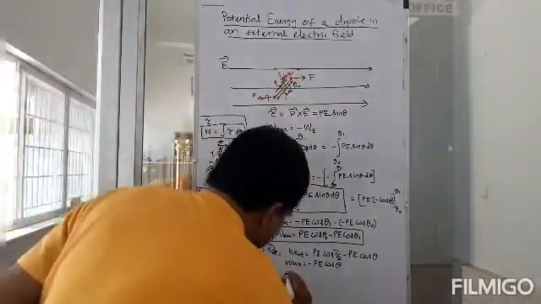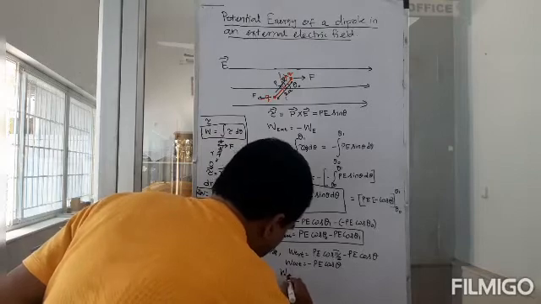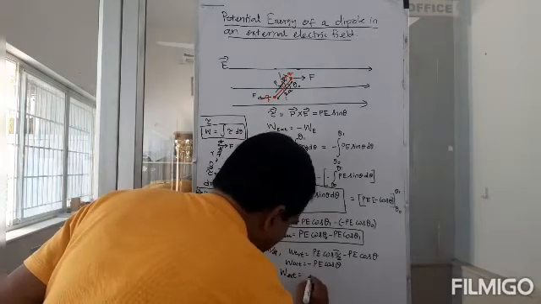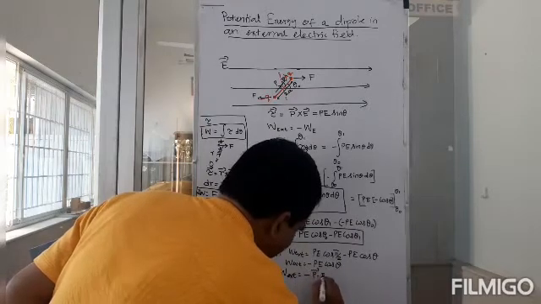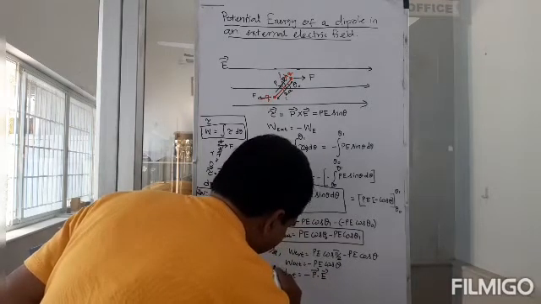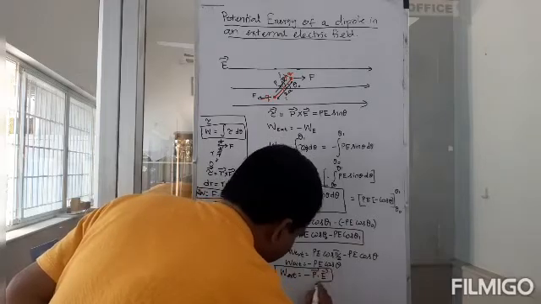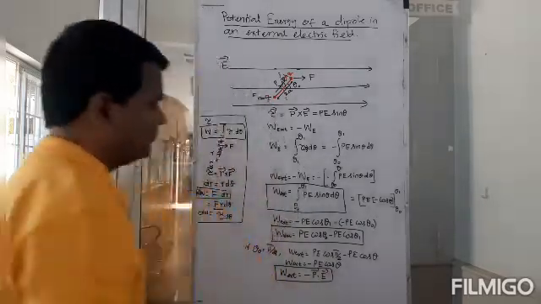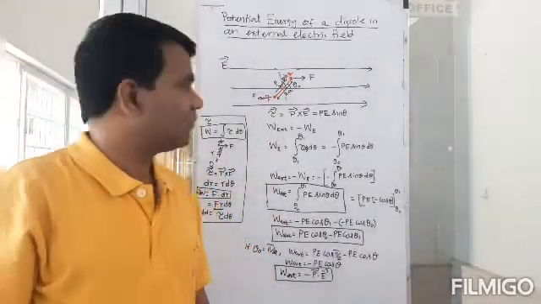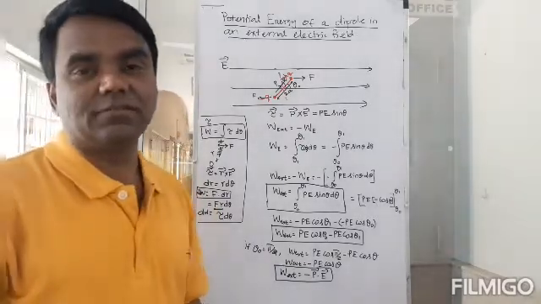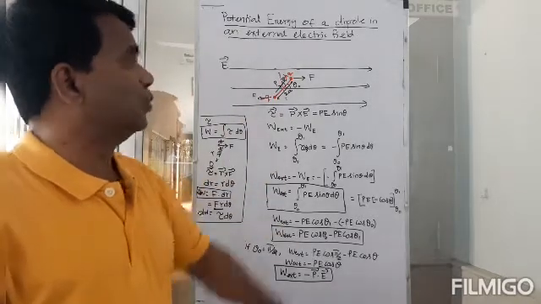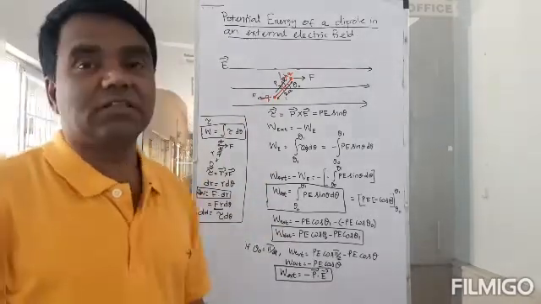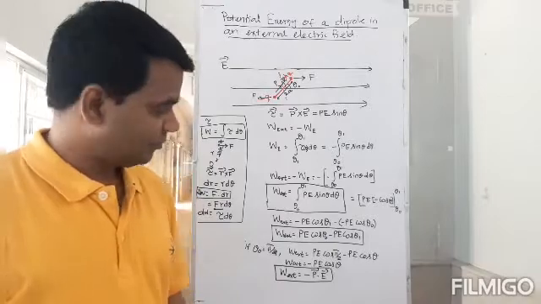So the potential energy, the work done by external force, is equal to minus P vector dot E vector. So this is the expression for potential energy of a dipole in an external electric field.